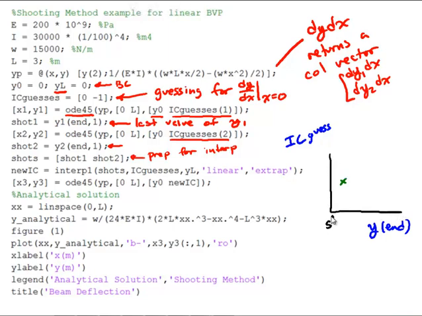If this was shot 1, it got us to here, from our guess 1, and then over here shot 2 resulted from guess 2, and we can imagine a line connecting those two.